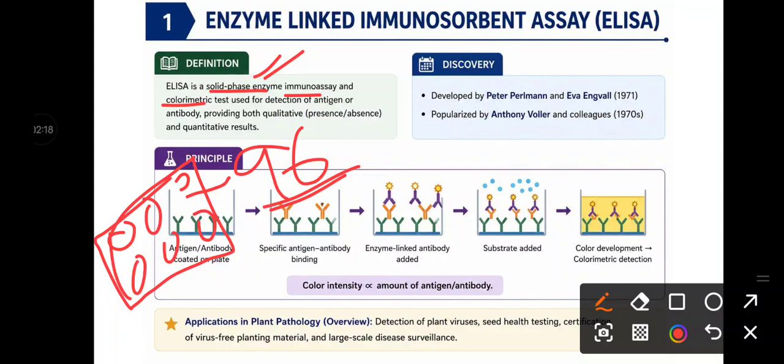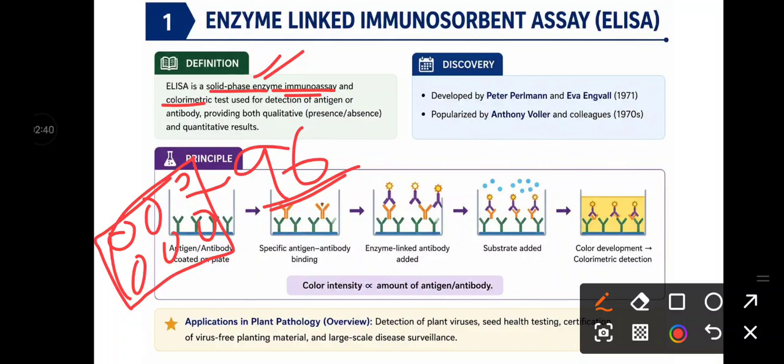That's why it is the solid phase immunoassay, because the immunological bodies are involved. That's why it is known as immunoassay. It is based on the antigen antibody reaction, the specific reaction between antigen and antibody. So now you got this point, why it is called solid phase enzyme immunoassay.